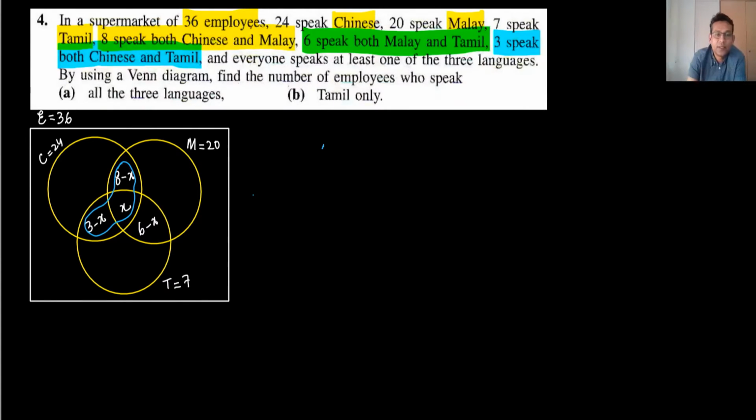I have to subtract 11 minus x from 24. 24 minus 11 plus x is coming 13 plus x. This is coming 13 plus x.